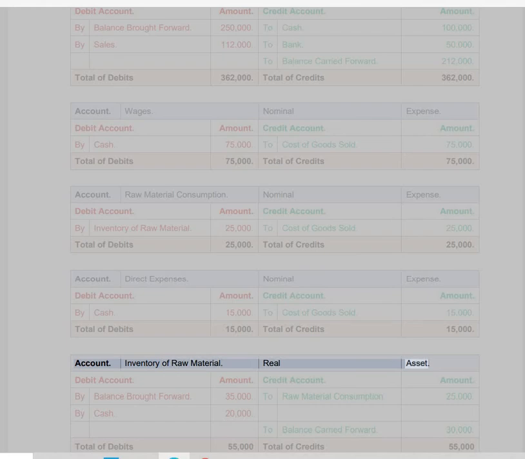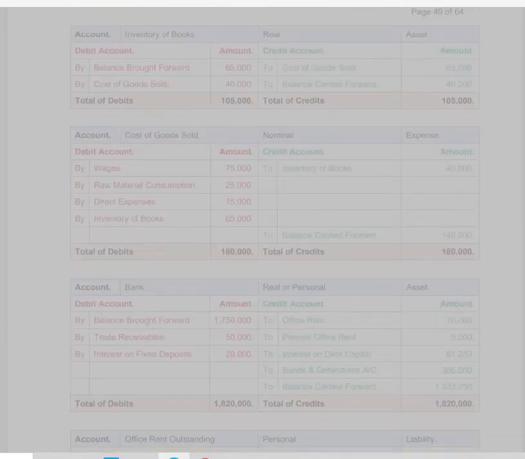Real asset. Debit account, amount, credit account, amount. By balance brought forward, 35,000. To raw material consumption, 25,000. By cash, 20,000. To balance carried forward, 30,000, total of debits 55,000, total of credits 55,000.